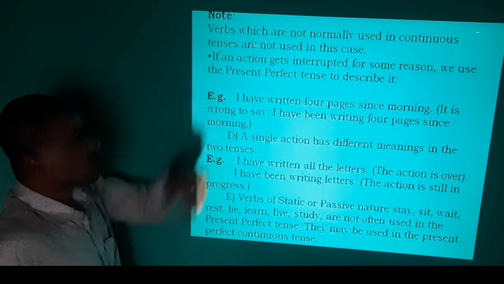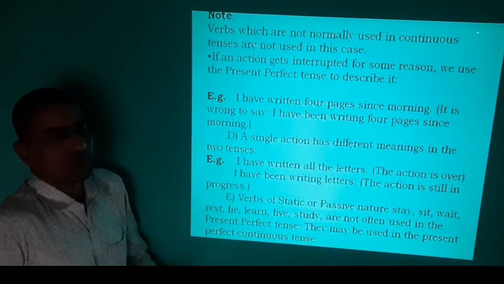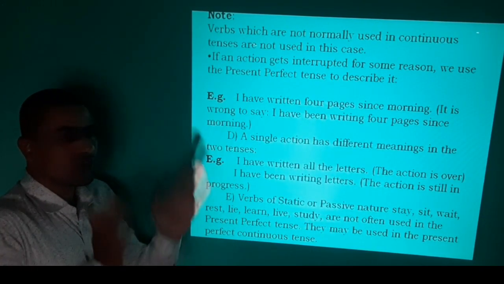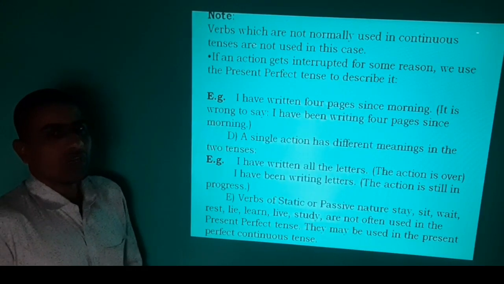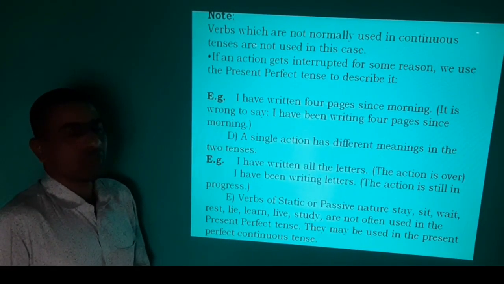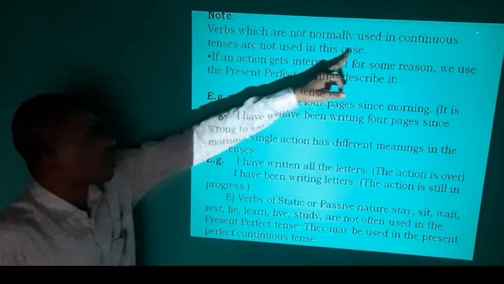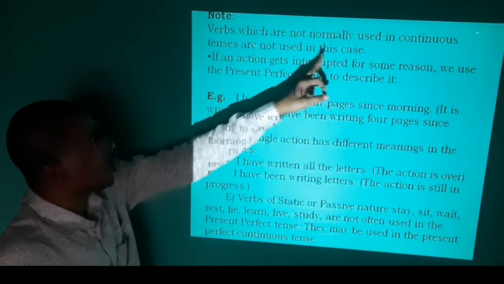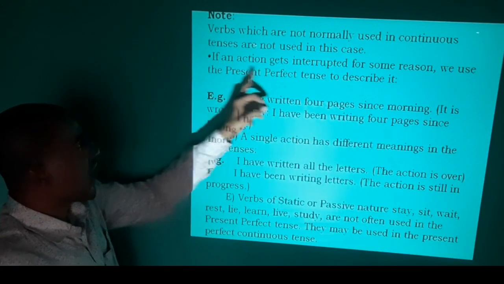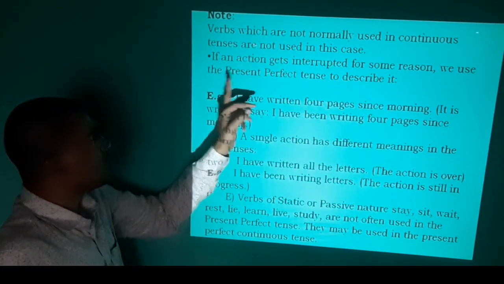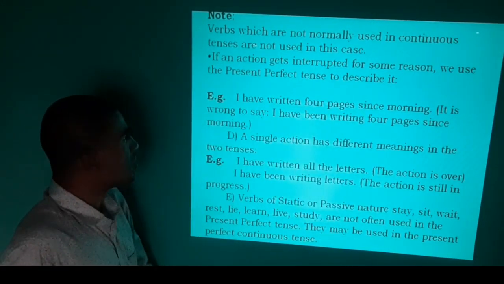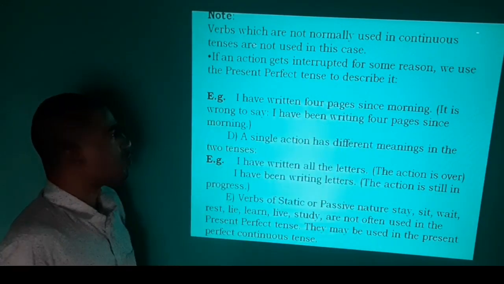Now, as I told you, the verbs which are not used in the continuous are also not used in the perfect continuous. So verbs which are not normally used in the continuous tense are not used in this tense also. If an action gets interrupted for some reason, we use the present perfect tense to describe it. I have written 4 pages since morning.